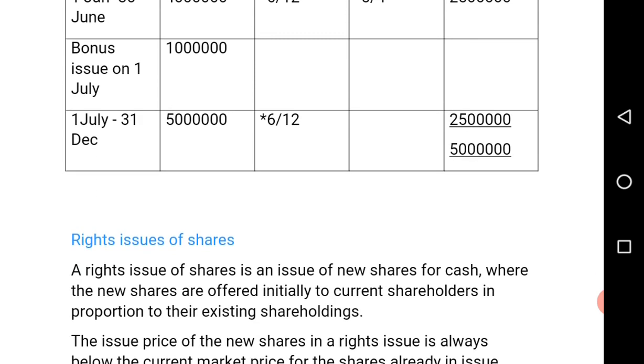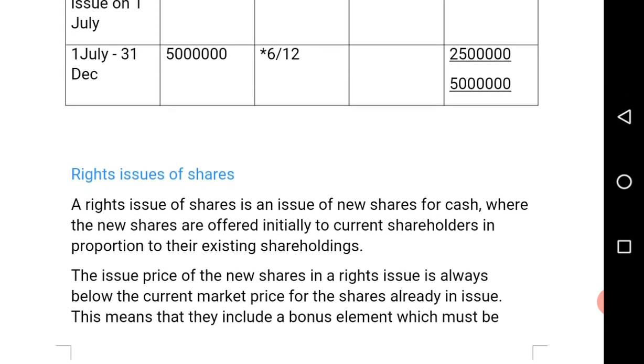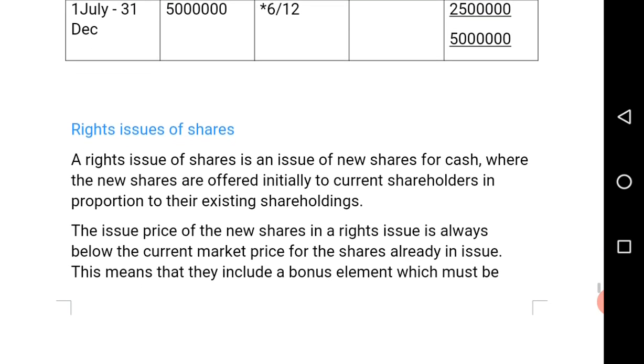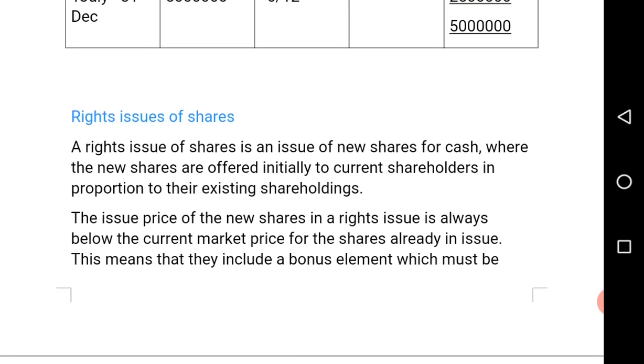Then we move over to another calculation, and it says rights issue. What is the difference between a bonus issue and a rights issue? We'll know the difference from the definition in the notes here. It says a rights issue of shares is an issue of new shares for cash. Here it is for cash, not free of charge, where the new shares are offered initially to current shareholders.